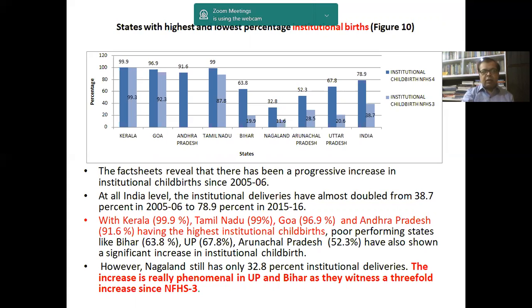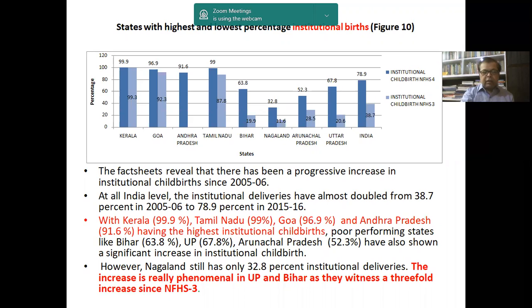Anybody who is interested can see the prevalence of institutional birth. Institutional birth means the childbirth is taking place in a formal institution where formal help and medical services are available. It may be a government healthcare center or a private healthcare center, but some kind of clinical environment is there. Institutional birth is like that.